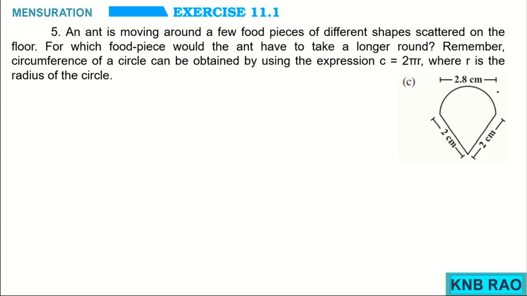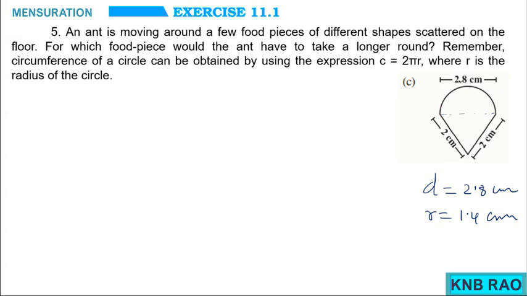Here figure C is something like a semicircle, only the arc portion, and those ends are connected to one point with the help of straight lines. You know, this is like 2 centimeter, 2 centimeter, they are like sides of a triangle. Now here is the thing, the diameter of this circle is again 2.8 centimeter only, that means radius is 1.4 centimeter only.